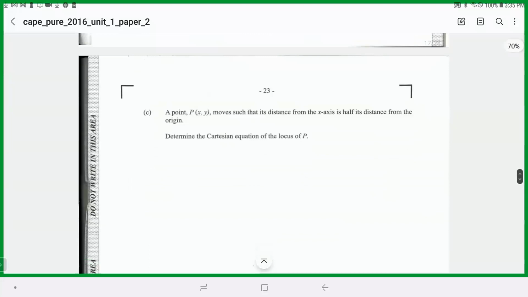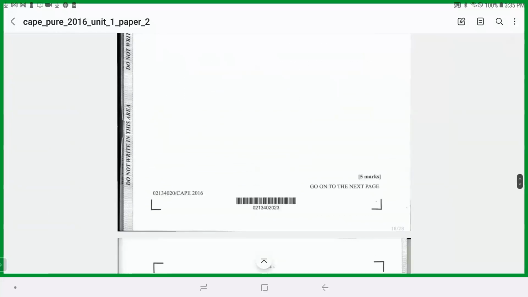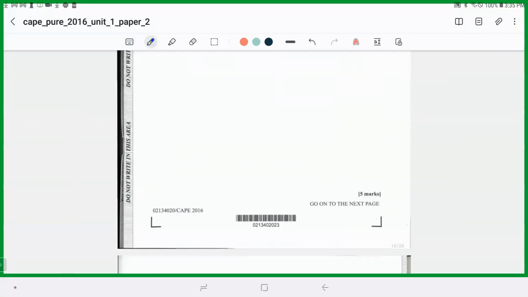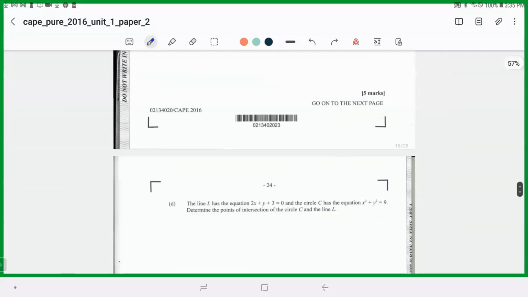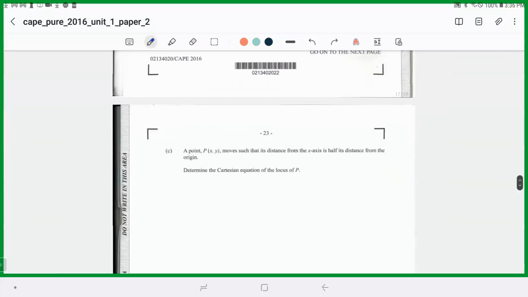How many marks for it this time? 5 marks this time. We want the 5 marks.